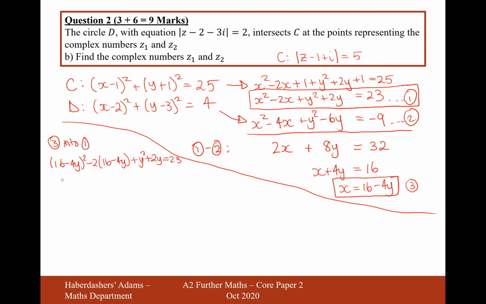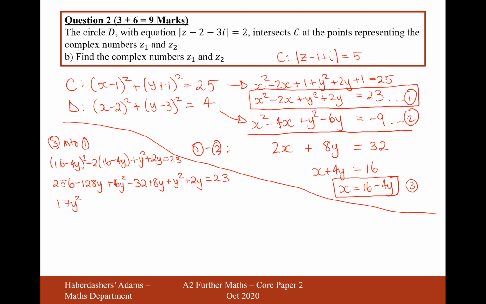Okay, let's expand the brackets now. So 16 squared is 256, minus 128y plus 16y squared, minus 32 plus 8y plus y squared plus 2y equals 23. Okay, let's now simplify it and bring it all onto the left. So it's going to be 17y squared.